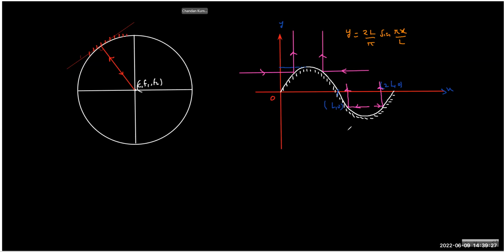So I just want to know all these 4 points from 0 to 2L. You can find only one point, the leftmost, and that's sufficient. The rest you can guess because of symmetry.